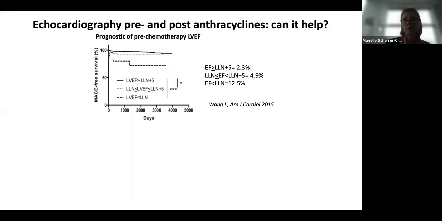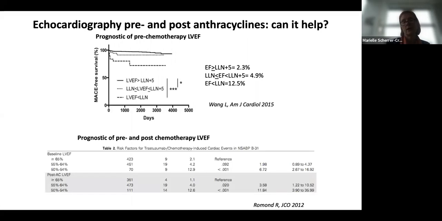And what we showed, and I think that's really one point of this paper, is that it's not only the patients who have EF lower than normal who have a high rate of symptomatic heart failure and cardiac death, but also the patients who are borderline. I think that's a very important concept to have. They also have an increased rate of cardiac events. And so don't get hung up on one number is a bit the message I want to give.